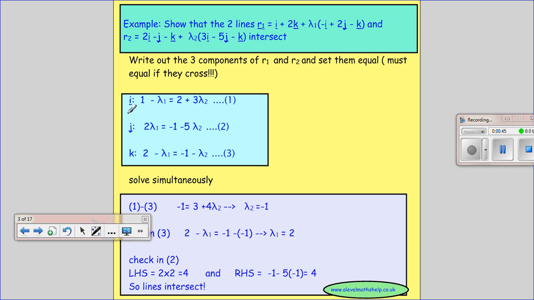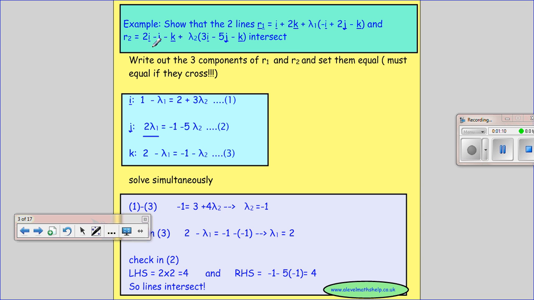So looking first at i, we're going to equate the i values for R1 and R2. So i is 1 minus lambda 1, and then for R2 it's 2 plus 3 lambda 2. So that's where the first one comes from. And then looking at the j components, there's no j there for R1, but for R2 it's 2 lambda 1 j's, so 2 lambda 1.